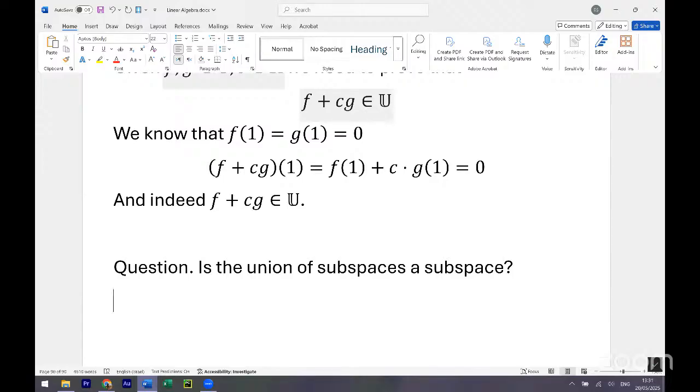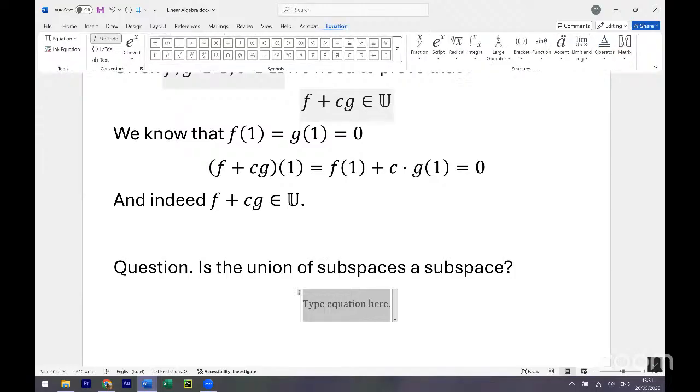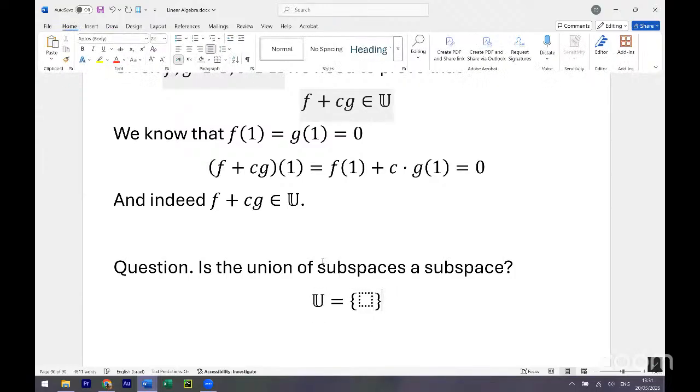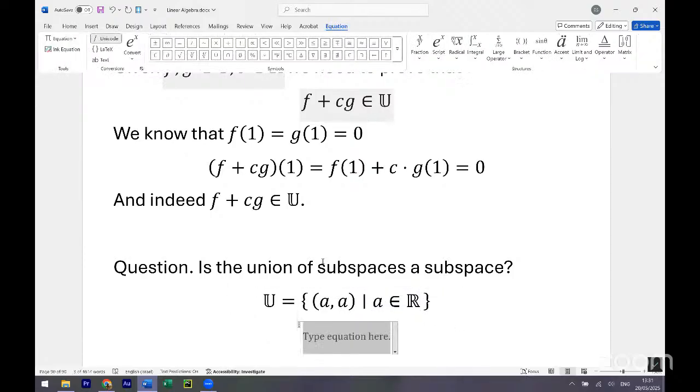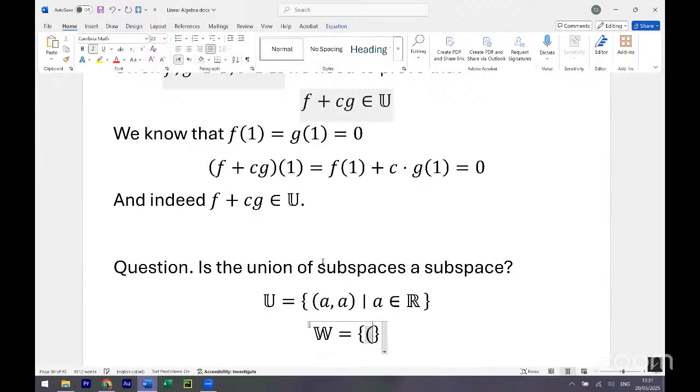So let's look at the following example. Let's take U to be all of the vectors of the type (a, a) such that a is a real number. And W is all of the vectors of the type (a, -a) such that a is a real number.